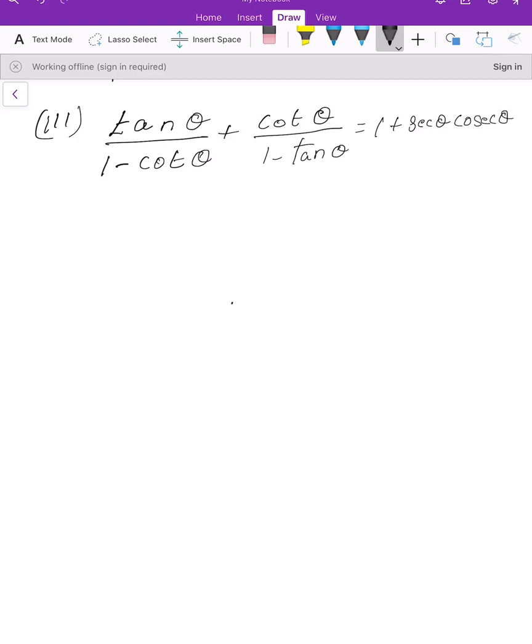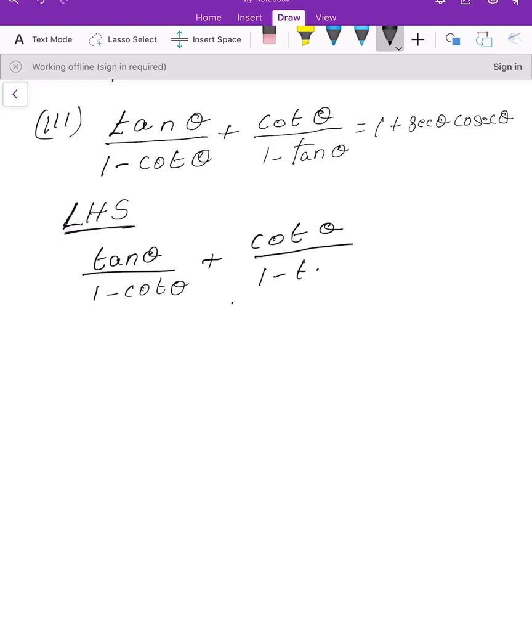The sum is a little bit bigger, so try to concentrate more. I'll try to explain each and every step for you. First, let us take our left hand side: tan theta by 1 minus cot theta plus cot theta by 1 minus tan theta.